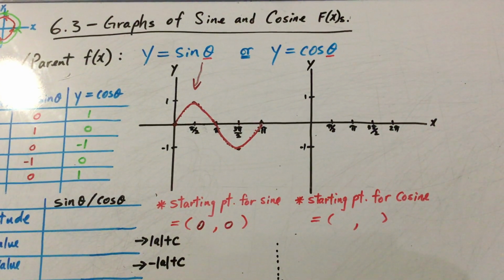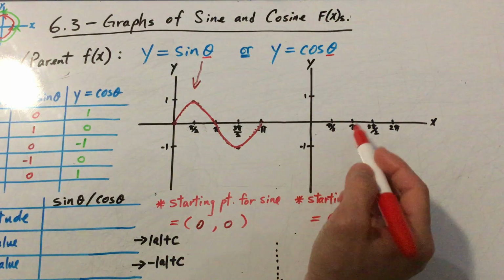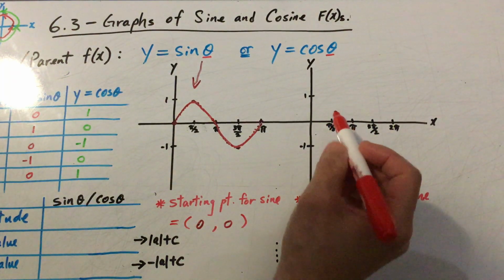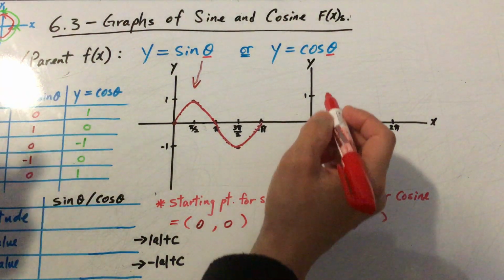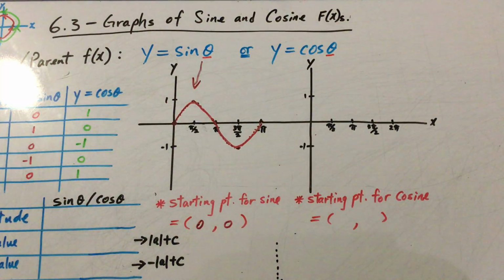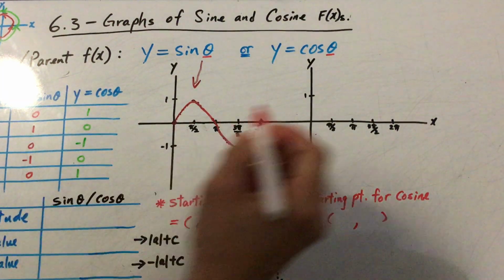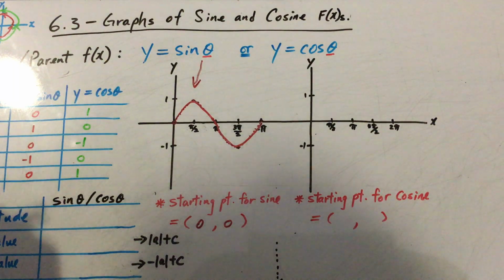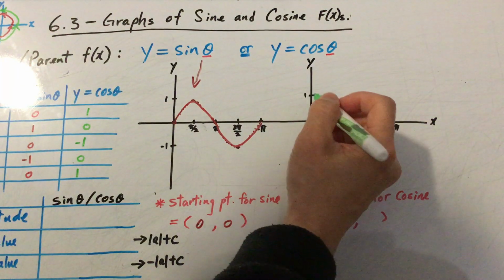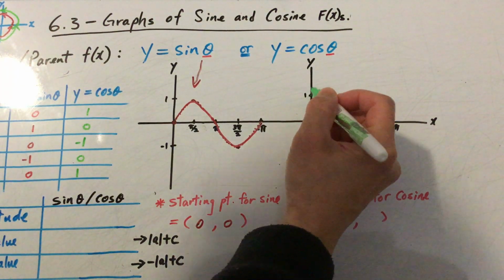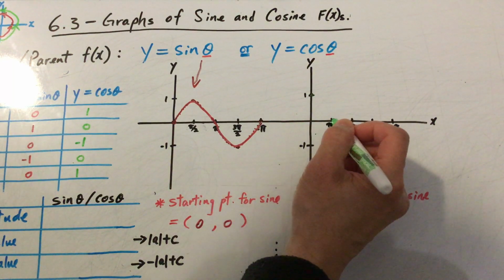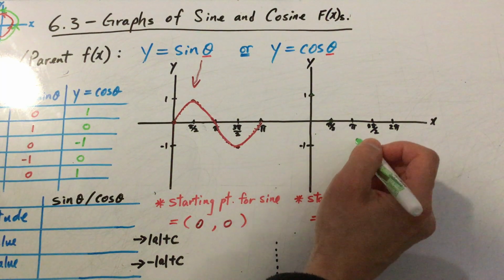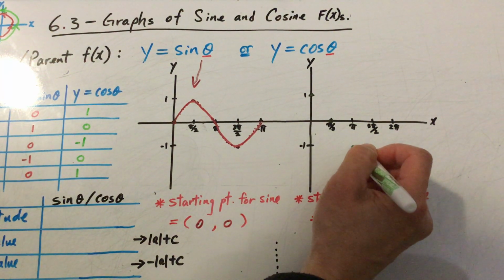Over there, for the cosine, for each of the key points, when it's 0, I have a 1. I have a 1 over here, and at pi over 2, I have a 0, and at pi, I have a -1, so it's down here.